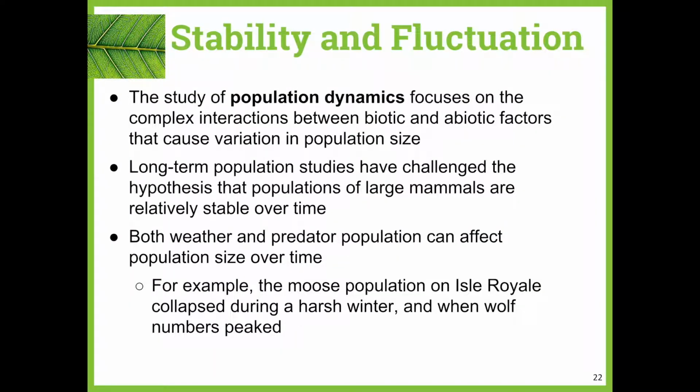If we take that one step further, we can talk about fluctuation in size in a population and stability, and what's going on at that carrying capacity. A term we use to describe that is population dynamics, which focuses on the interactions between biotic and abiotic factors that cause the variation in population size.